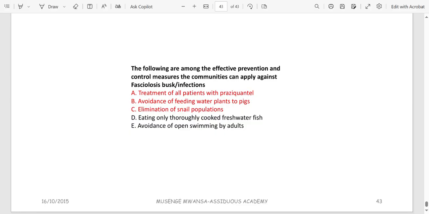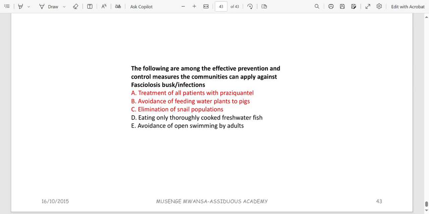You want to prevent this because those water plants will end up infecting these animals. Elimination of the snail population. Yeah, you want to eliminate the snails. That's why you give those drugs to eliminate them. Eating only thoroughly cooked freshwater fish. Of course, you want to make sure that you cook them properly.